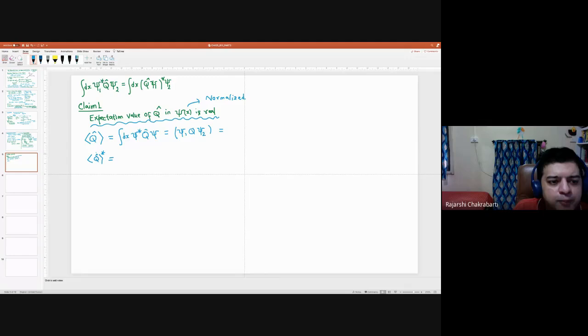So if I take a complex conjugate of this expression of Q average, what is the answer? Essentially, I'm taking a complex conjugate of this. This is nothing but psi star will become psi. And then Q times psi is some other psi. Are you convinced with this?